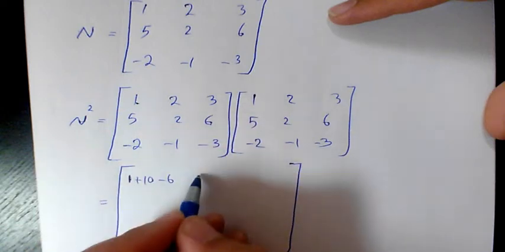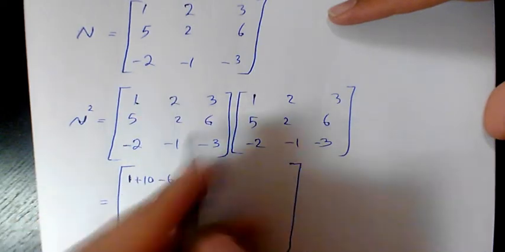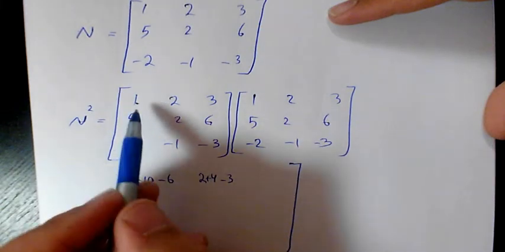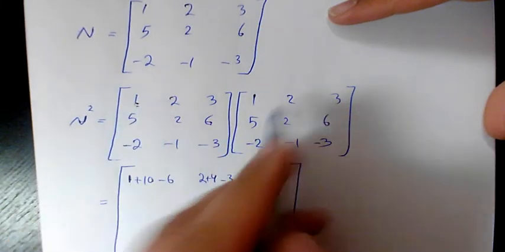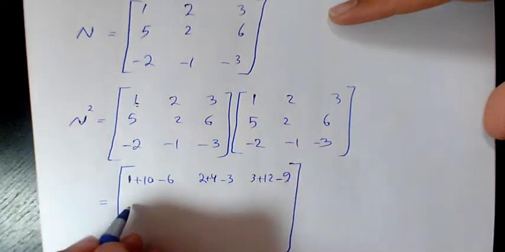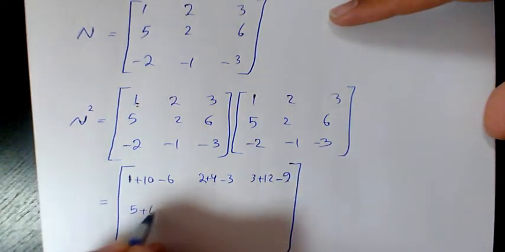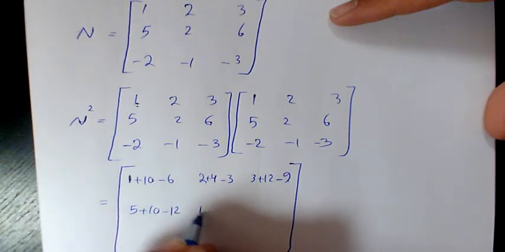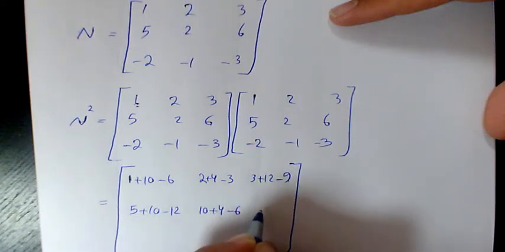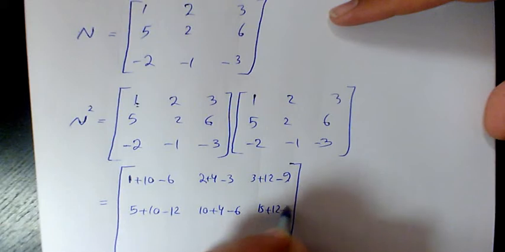Then 1 times 2, 2; 2 times 2, 4; 3 times negative 3; 1 times 3 plus 12 minus 9. Next one, 5 plus 10 minus 12; 10 plus 4 minus 6; 15 plus 12 minus 18.